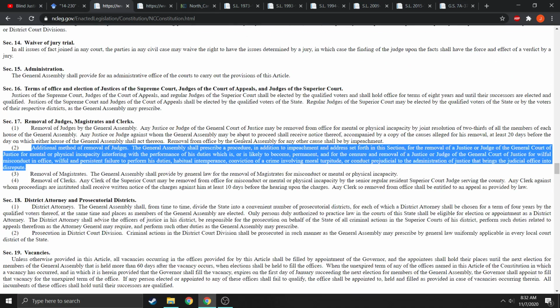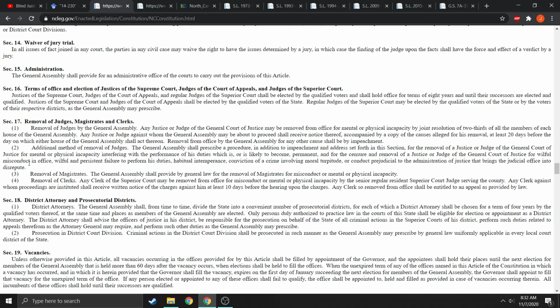And it does, in fact, say in subsection 1 of Section 17 that impeachment still works. But then it says the General Assembly shall prescribe a procedure in addition to impeachment and address set forth in this section for the removal of a judge, justice, or judge for misconduct in office, etc. So they shall do it. They shall prescribe a procedure.